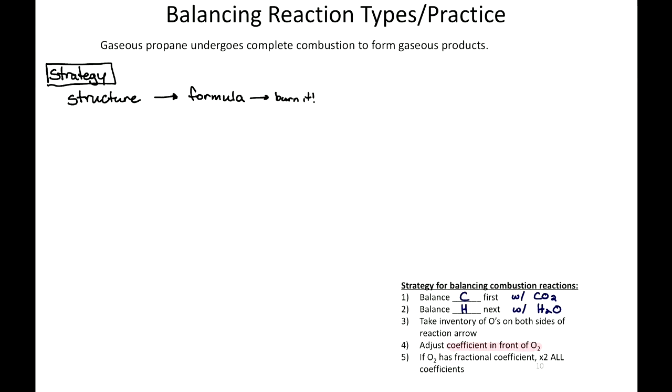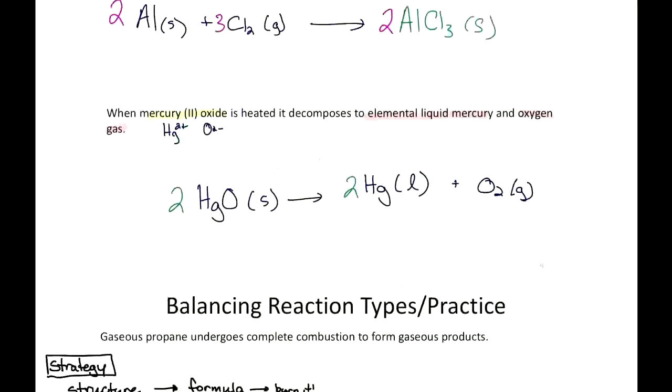Okay, so balancing a combustion reaction. So I tell you, gaseous propane undergoes complete combustion to form gaseous products. So just like in the previous reactions, I didn't need to clarify. I can just say when mercury 2 oxide is heated, it converts to liquid mercury and oxygen gas.